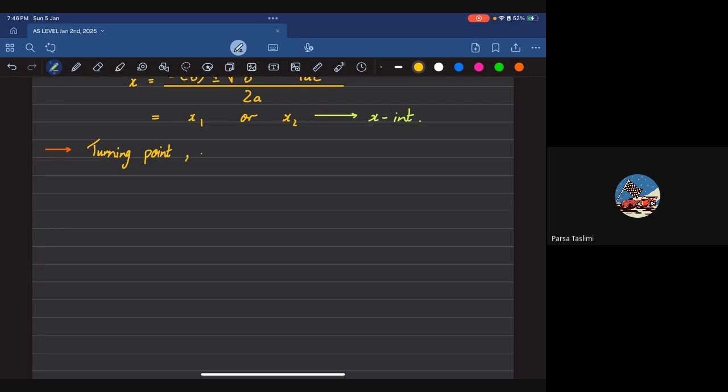So turning point, or your minimum maximum point, or you can say even your stationary point.